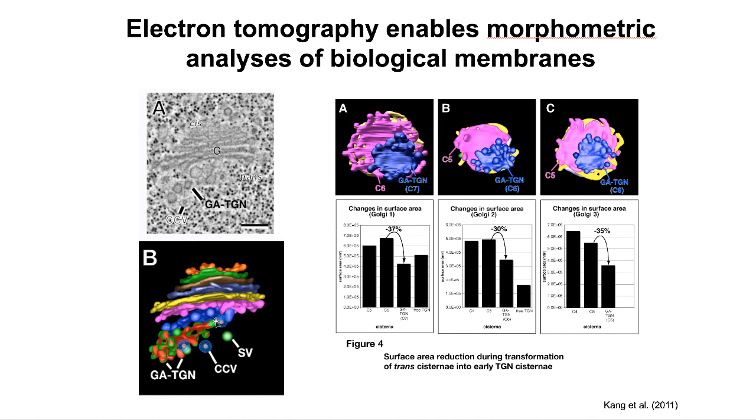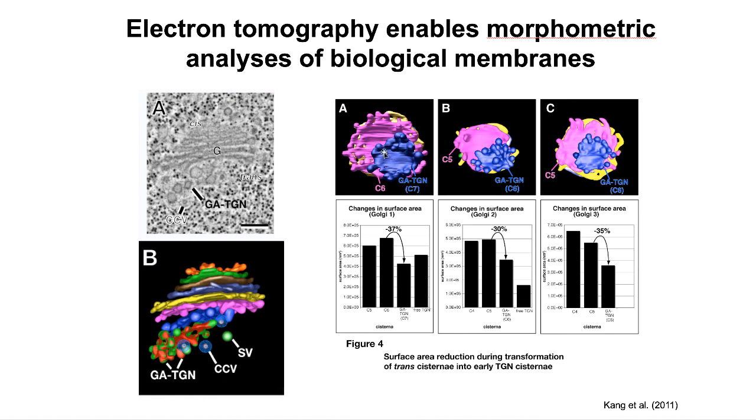So we can calculate the curvature of the membrane. Also, we can calculate the volume or surface area of the membrane structure. This is another example where quantitative morphometric information was extracted from a 3D model. In this blue cisternae are the trans-Golgi network, identified by association with a certain molecular marker, and the magenta colored cisternae are the transverse Golgi cisternae, and there is about a 30 to 40% surface area reduction when we compare the surface area of the transverse Golgi cisternae and the trans-Golgi network cisternae.